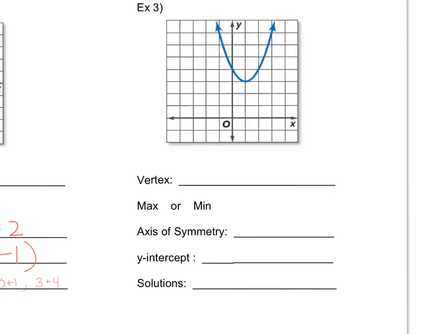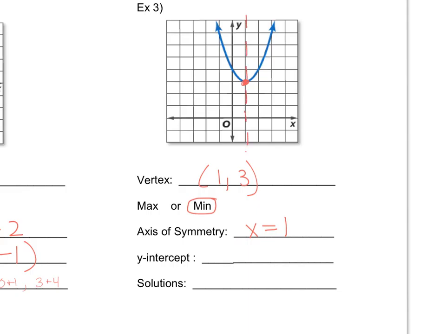All right, so after you've hopefully tried these on your own, example 3, vertex. In this case, it's my lowest point, so that would be a minimum. And the coordinate point would be over 1 and then up 3, so it would be the coordinate point 1, 3. My axis of symmetry will be x equals whatever my x value is here, so x equals 1. Again, it's going to be that dotted line.